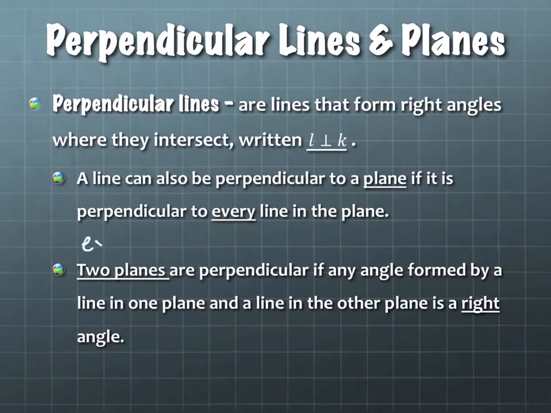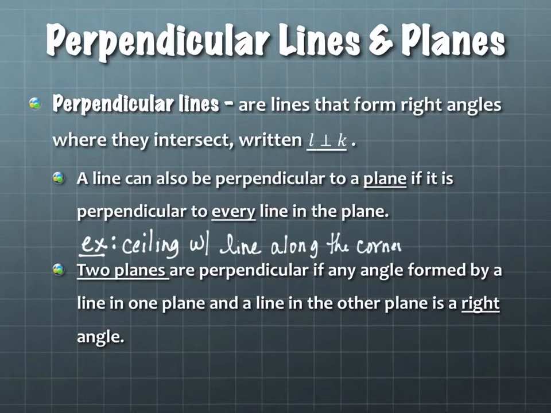And this is the image that I created a moment ago when I referenced a ceiling with the line along the corner. So my line along my corner over here would be perpendicular to the ceiling.